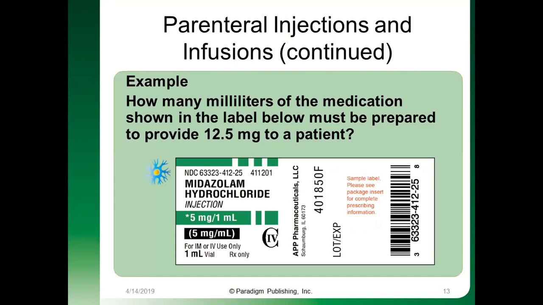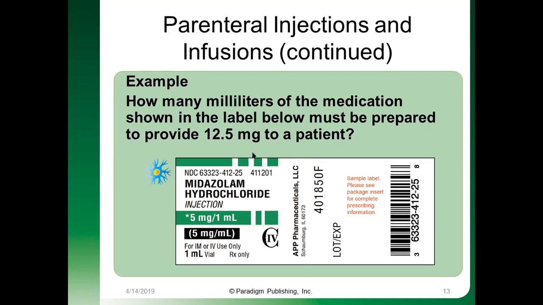So for example, how many milliliters of the medication shown in the label below must be administered to provide 12.5 milligrams to a patient? Looking at this label, midazolam, we have that it's 5 milligrams for every 1 milliliter. Okay, so that's the concentration.